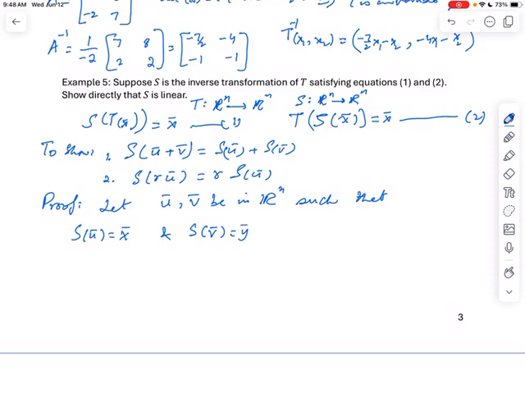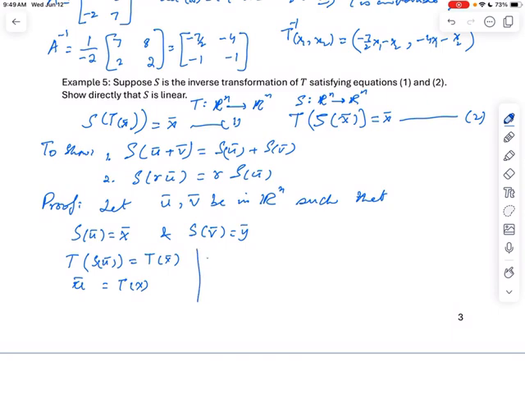But then what does that mean if I apply T on both sides? So this is saying T of S of u is equal to T of x. But on the left side, we know that T of S of u will give me u. So this gives me that u is equal to T of x.